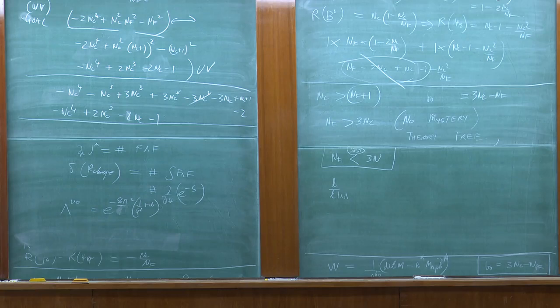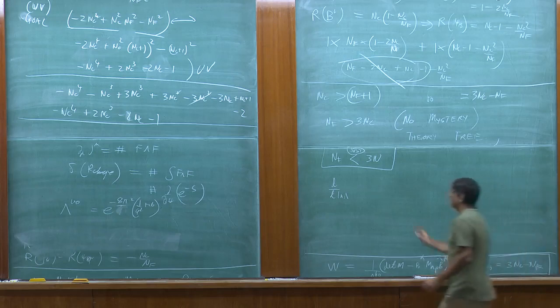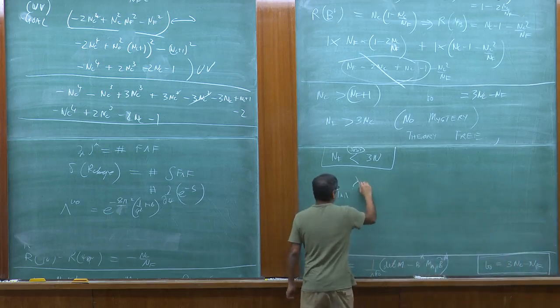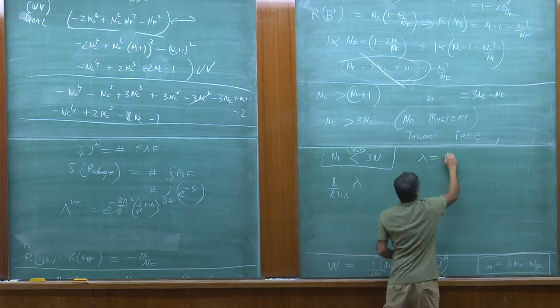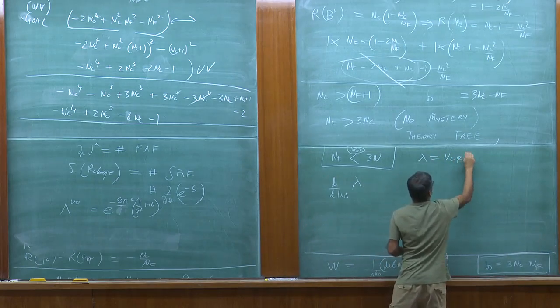In this variable you get terms of equal order in nc at first, second, third, fourth order. So we get d by d log lambda of this 't Hooft coupling, lambda, which is nc times g squared.